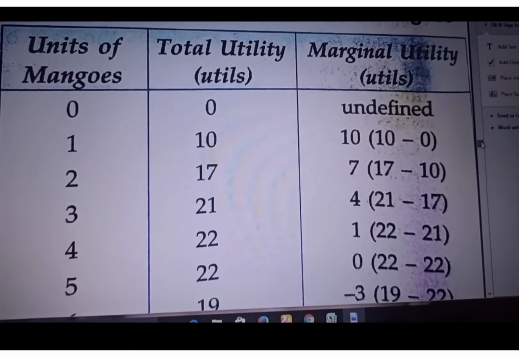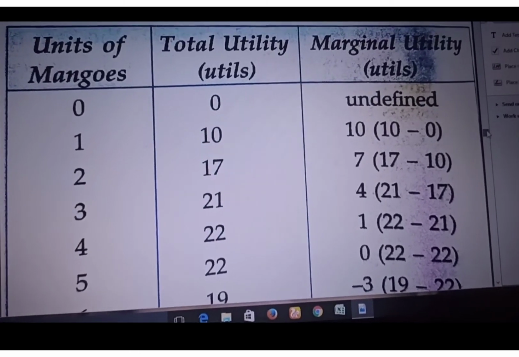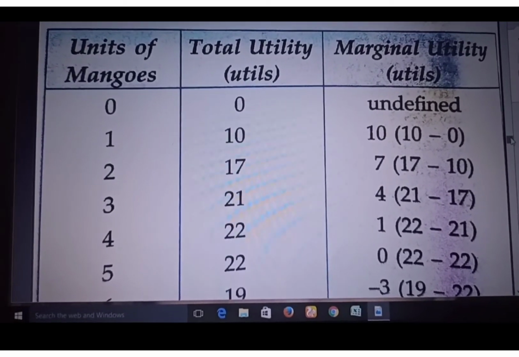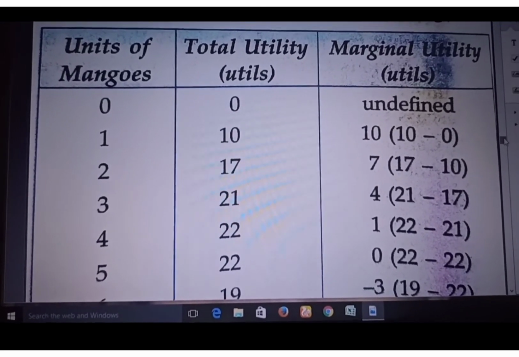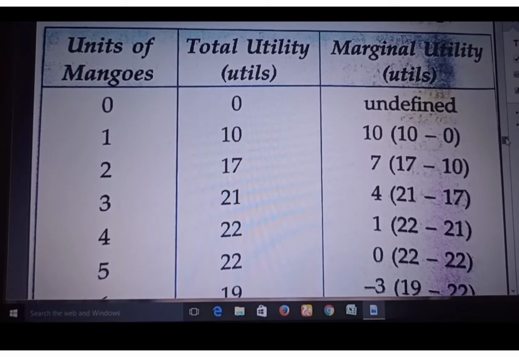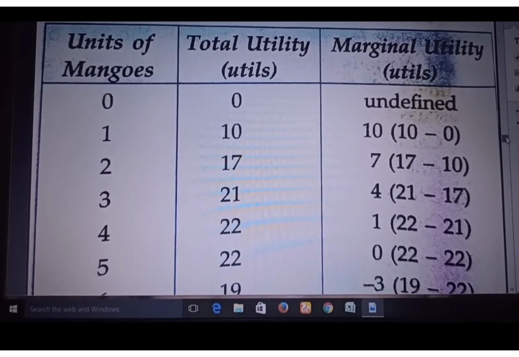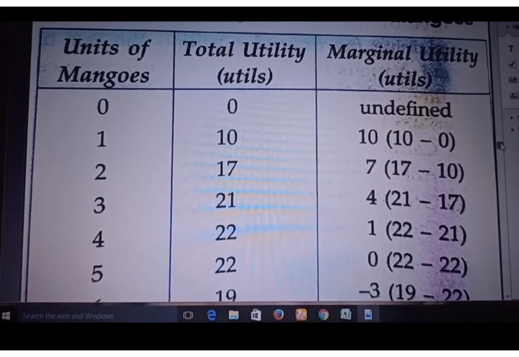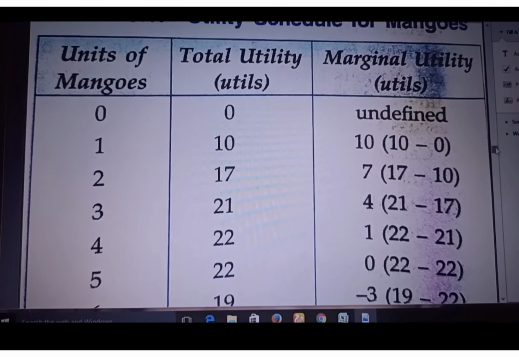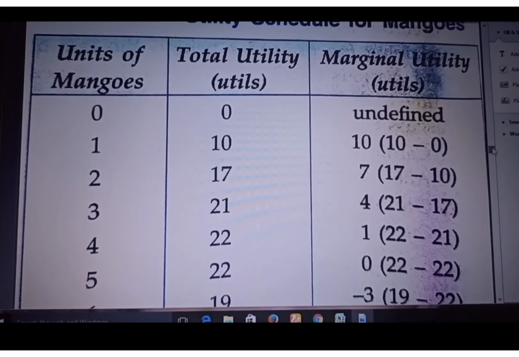You are willing to pay rupees 7. So total will be 17. 10 plus 7, 17 rupees you have paid for 2 mangoes, but for the second mango the utility will be less. So what is the utility for the second mango? That is 7. So after adding one more unit of mango, the utility comes down from 10 to 7.